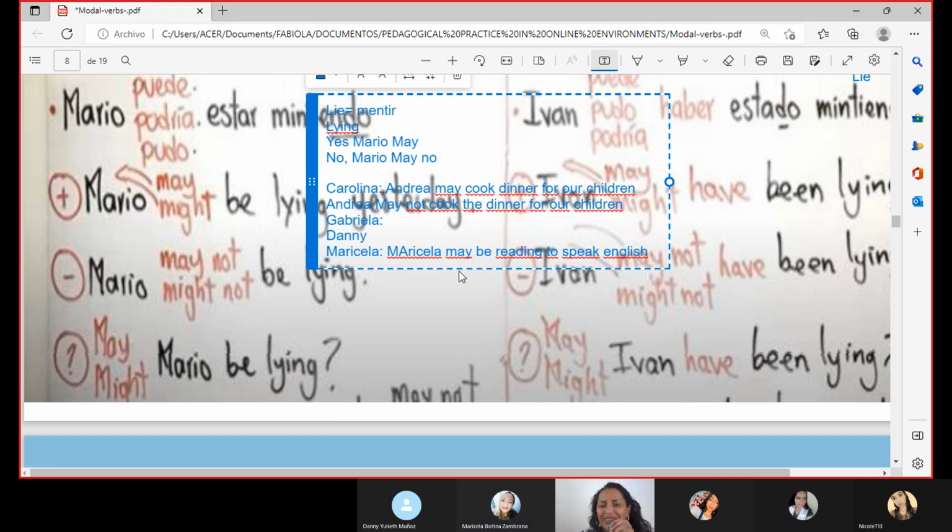Marisela podría estar leyendo para hablar inglés. No, teacher, Marisela podría estar lista para hablar inglés. Marisela podría estar leyendo para mejorar su inglés. Yes. Marisela may be reading to improve. Teacher, ella lo que quiere decir es ready, no reading.